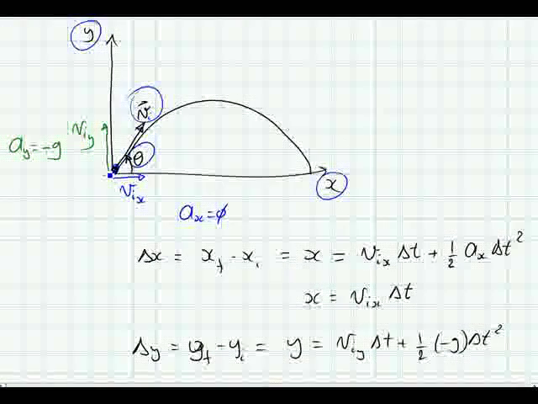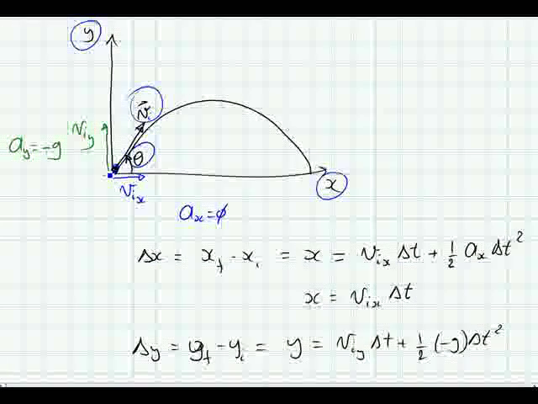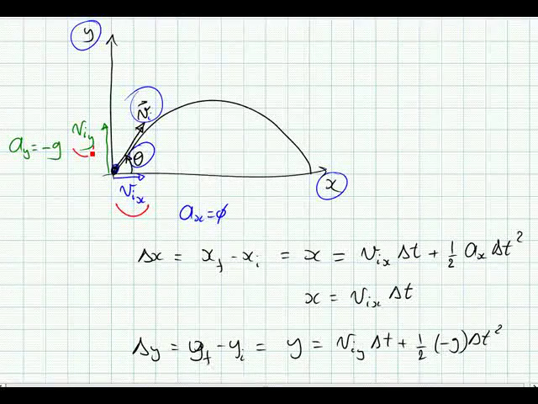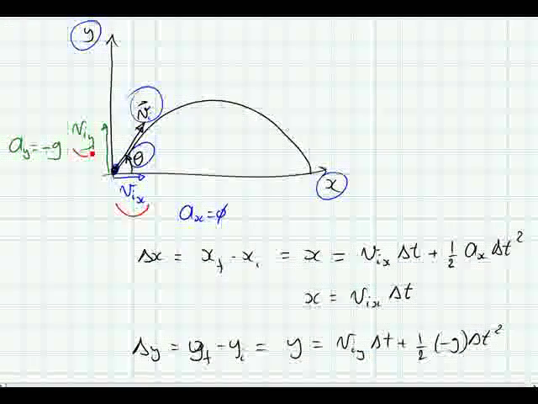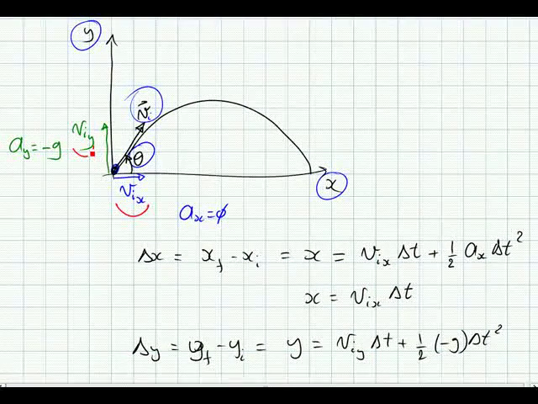So this launch velocity v_i, or v initial, has two components: the component along the x-axis and the component along the y-axis. And for each axis we need to know what the acceleration of the object is.